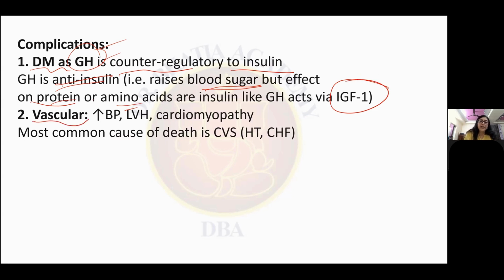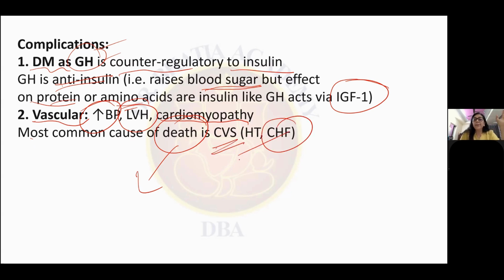Now, at the vascular level, it will cause a rise in the blood pressure. It will cause left ventricular hypertrophy and cardiomyopathy. So if somebody asks you in the question the most common cause of death in acromegaly, it is the cardiovascular system. That is, it is either CHF or hypertensive cardiac failure.